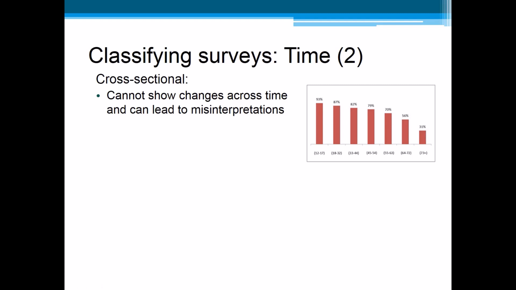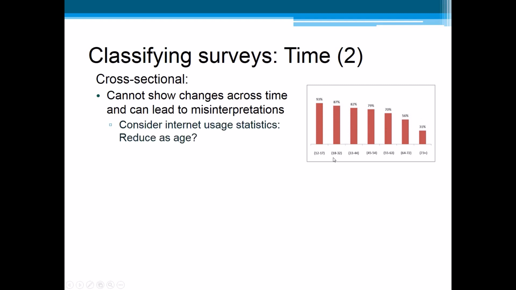If you're looking at something like recreational sport, and you collected people's likelihood to engage in recreational sport at these different age groups, it would appear that young people engage in recreational sport most, and then as people get older, they engage in it less and less. We can't really make that inference though if we've collected cross-sectional data. It may be that this age group always participated in recreational sport at these low levels. We don't know because we've only collected data at one point in time.